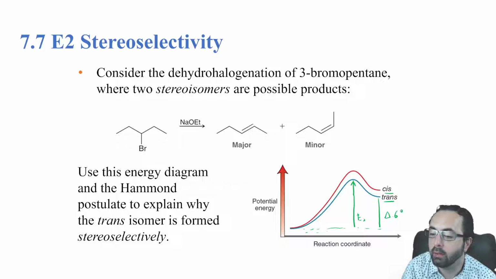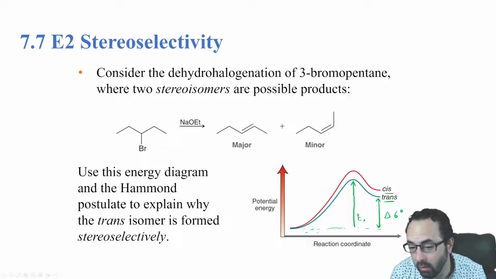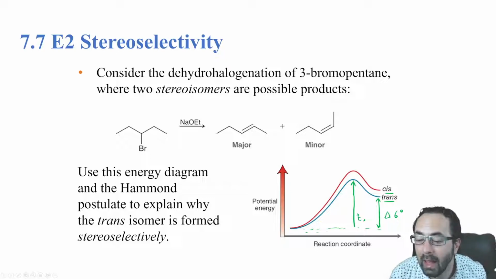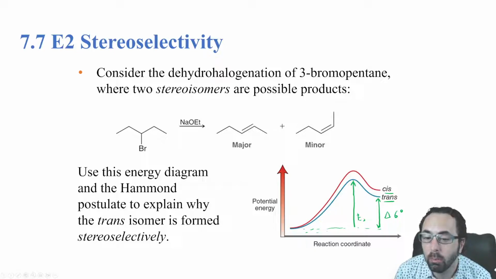Remember that the delta G is what tells us what's thermodynamically favorable, and the activation energy tells us what's kinetically favorable. In this case, the trans isomer is both thermodynamically and kinetically favored. So we're going to get a much greater amount of this major product than minor product. And this is referred to as stereoselectivity. So not where the position of the double bond is, but whether we'll have the cis or trans stereoisomer at the end.